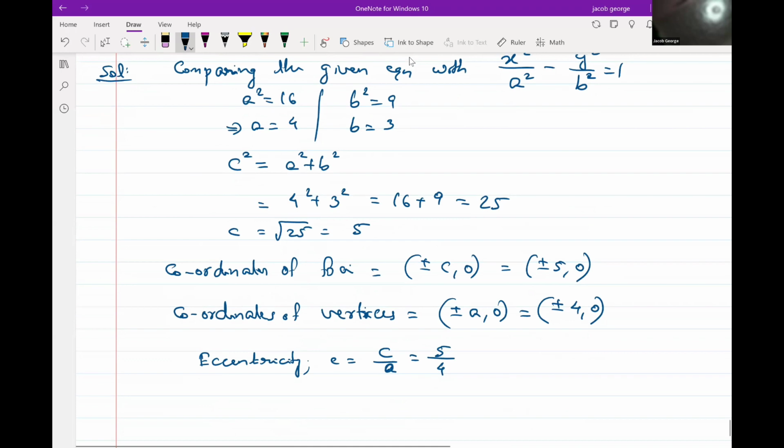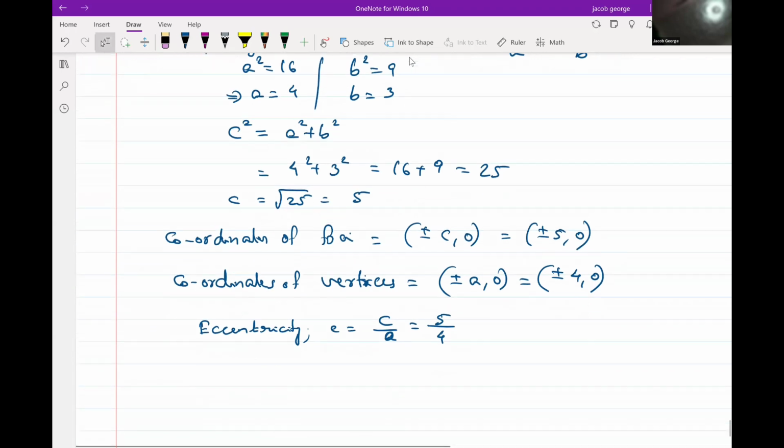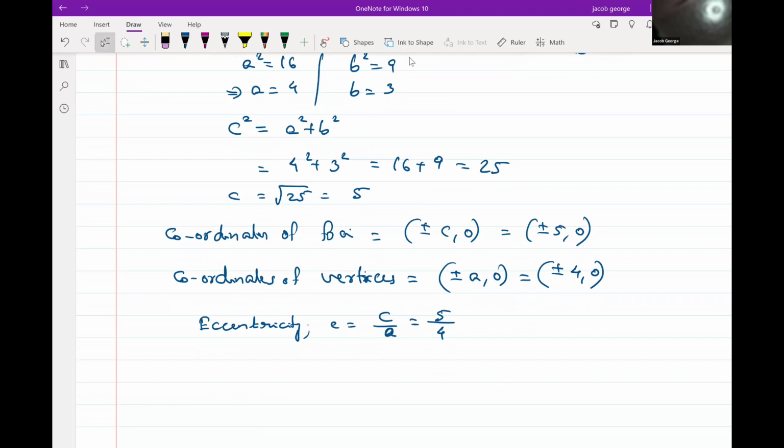Next, length of latus rectum is 2b square by a. Please write length of latus rectum is 2b square by a.